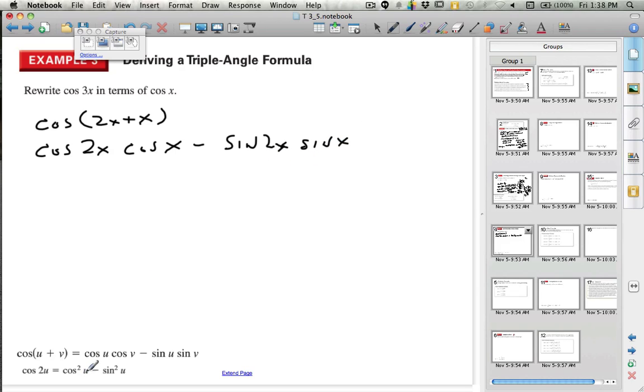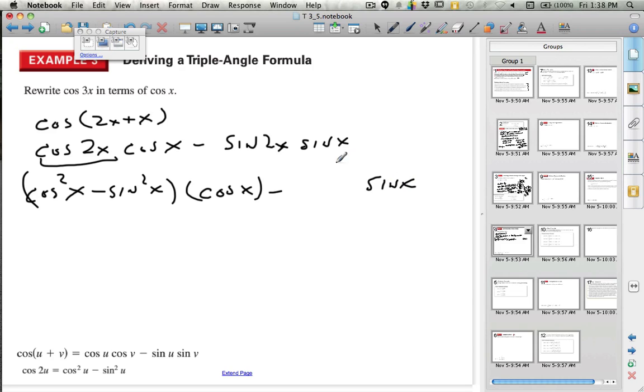And then I have the double angle formula that I can use for cosine of 2x. So this will become cosine squared x minus sine squared x, times cosine of x, minus sine of 2x times sine of x.